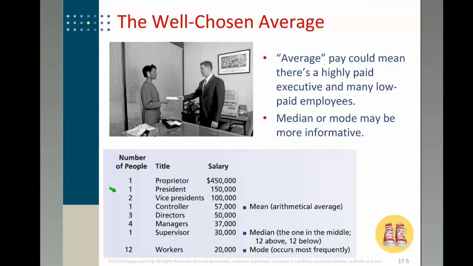Now, if we calculate the average of this table, we'll find that the mean salary in this company is around $57,000. And this is the salary earned by the controller. If the company reports this number as the average salary, which is correct according to the calculation, then the information it sends can be misleading because it gives people the impression that people in this company are earning a lot.